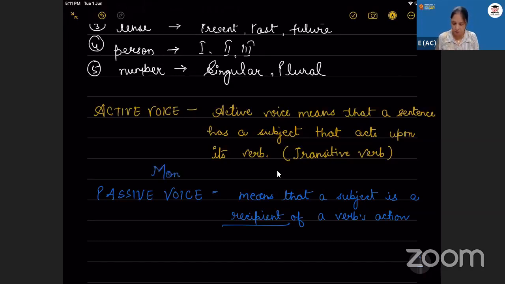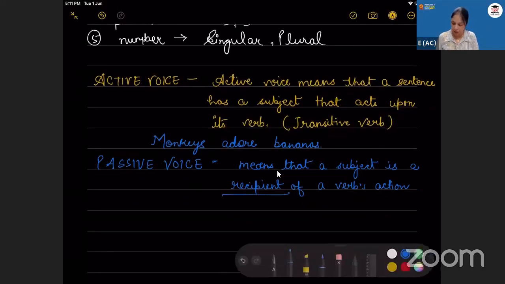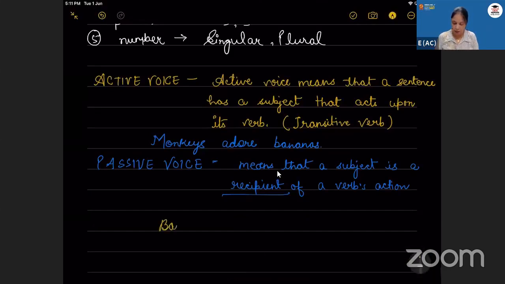Monkeys adore bananas, right? Monkeys adore bananas. Here, if I write another way, bananas are adored by monkeys.